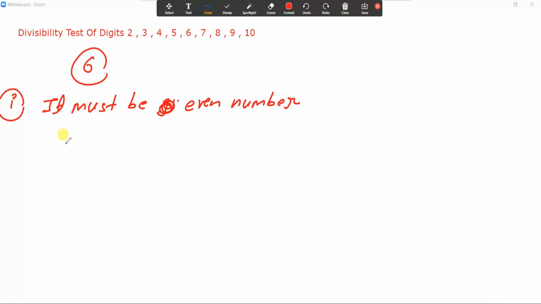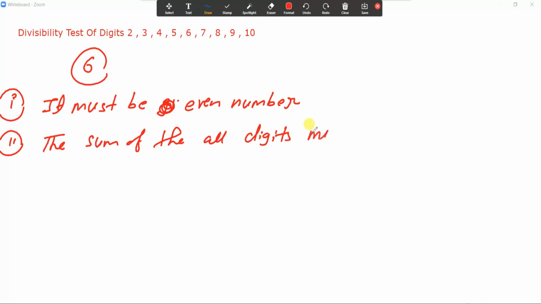If it is odd, then be sure that 6 does not divide that number. And the second point, same as the trick of 3, the sum of all the digits must be divisible by 3.